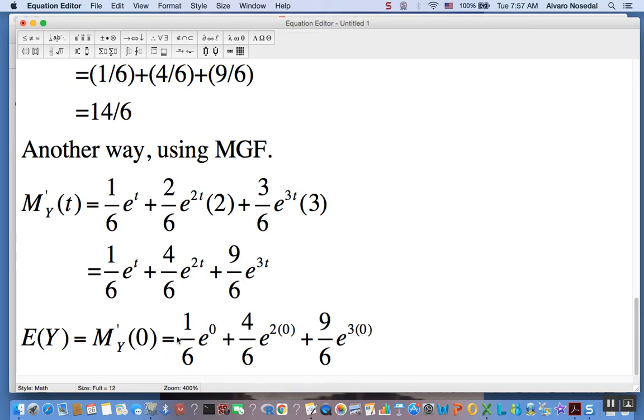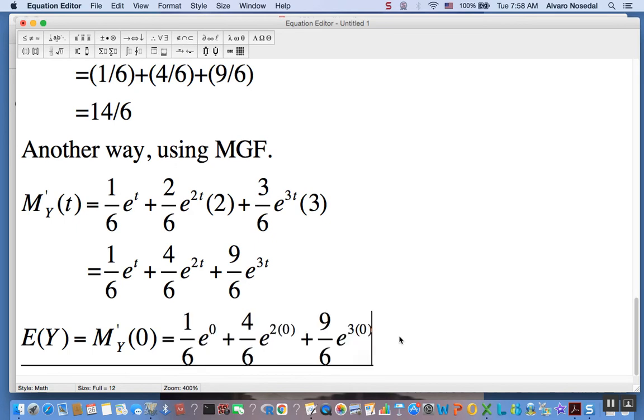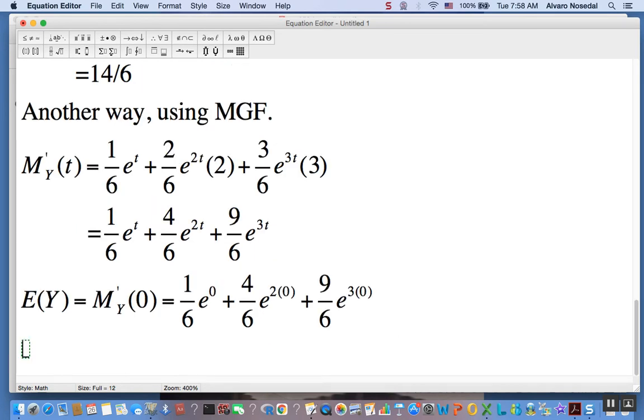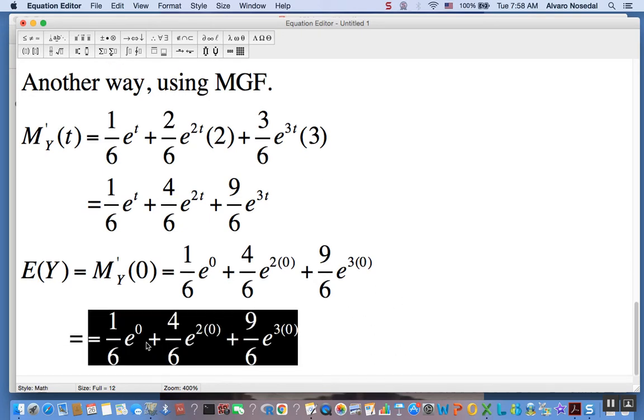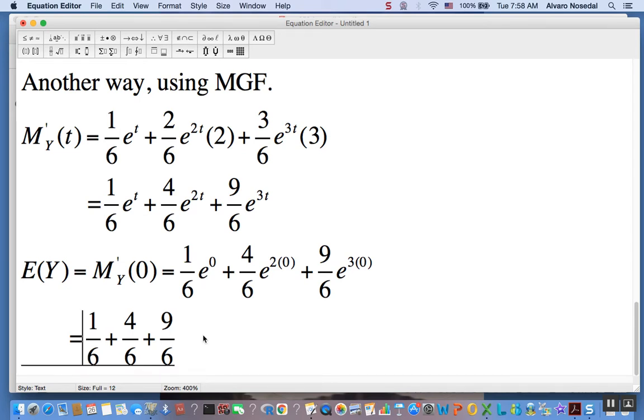So in the end, what we have is 1 over 6 plus 4 over 6 plus 9 over 6, right? And, well, that happens to be 14 over 6.